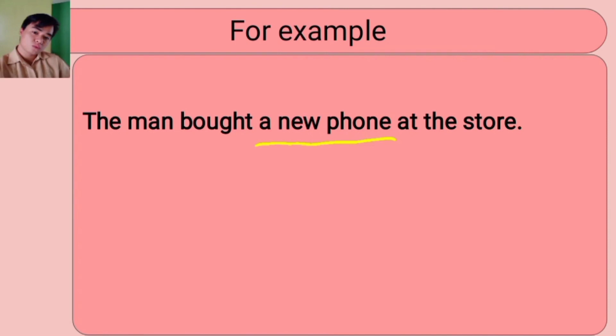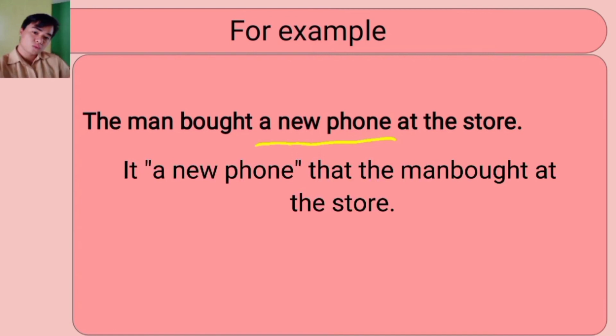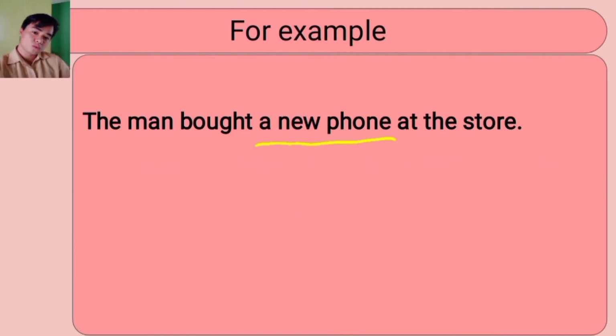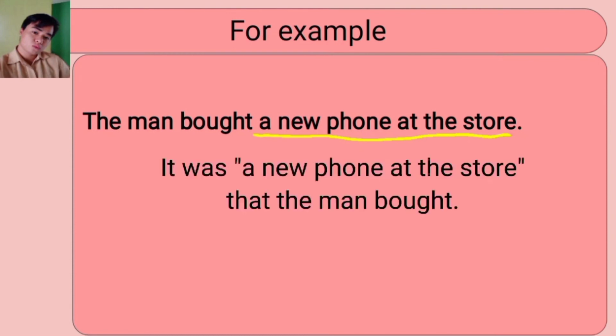But take "a new phone" and try that, you get, it was a new phone that the man bought at the store. And that is perfect. How about "a new phone at the store"? Put it in between "it was" and "that" and complete the sentence. It was a new phone at the store that the man bought. That is also a great sentence.